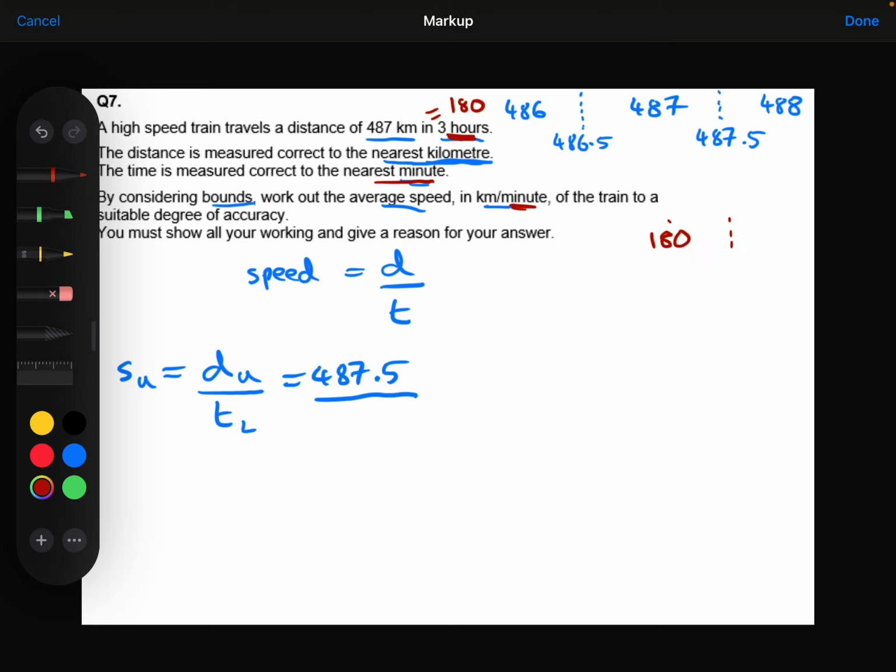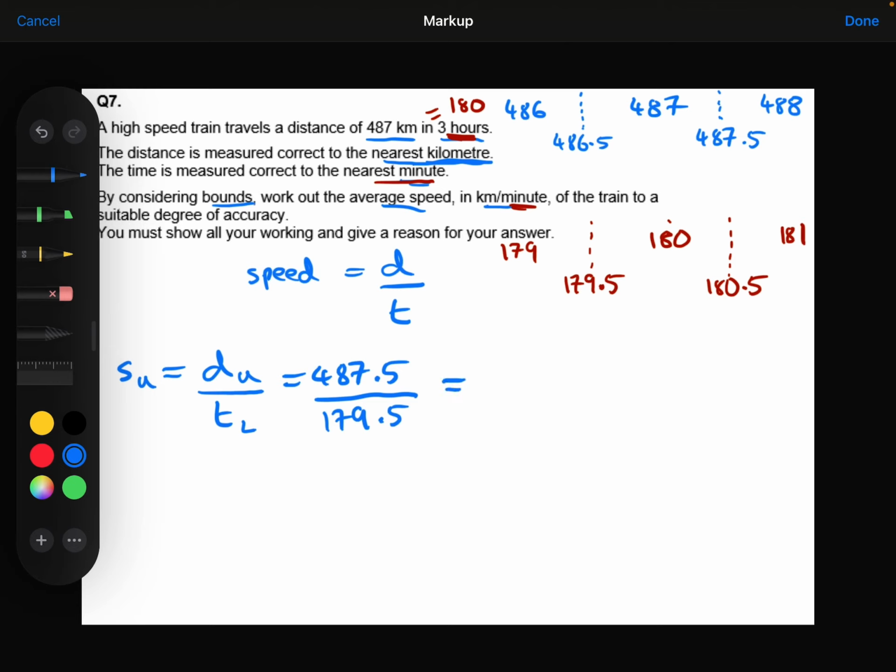The level above that, if it's to the nearest minute, would be 181 minutes. The level below that would be 179 minutes. So the lower bound would be 179.5. The upper bound would be 180.5. So the lower bound for the time is 179.5.